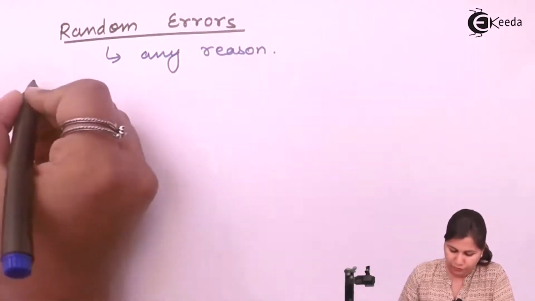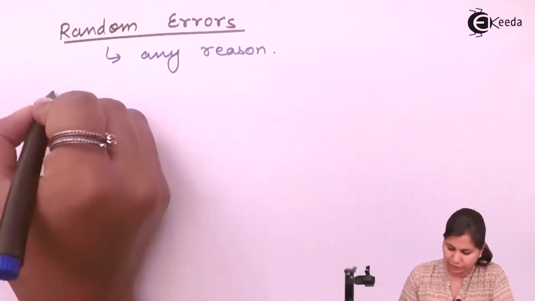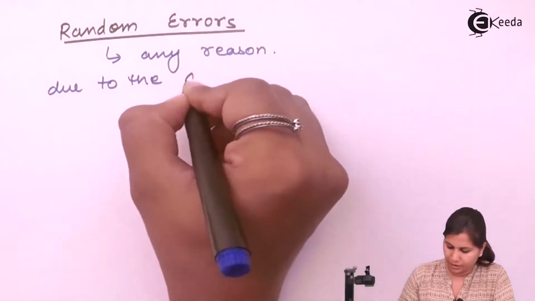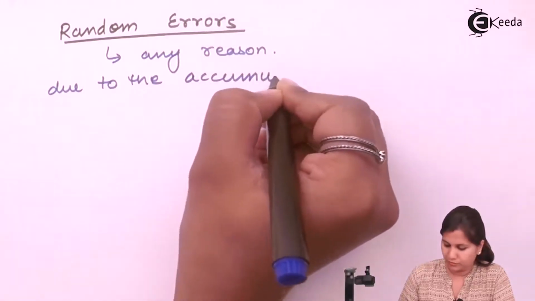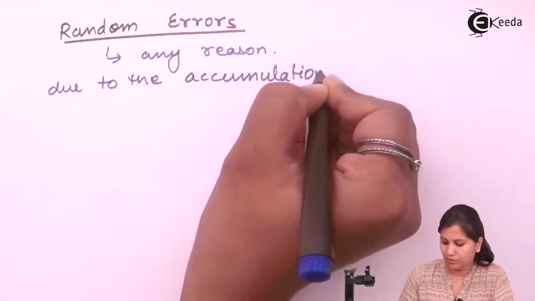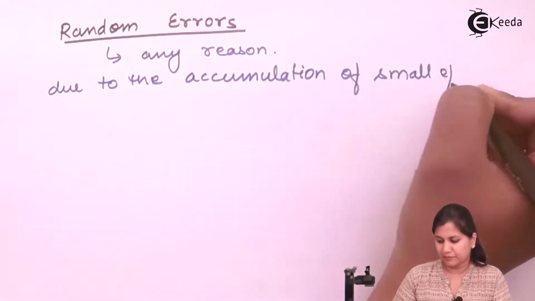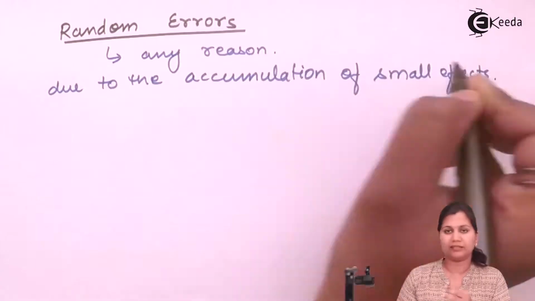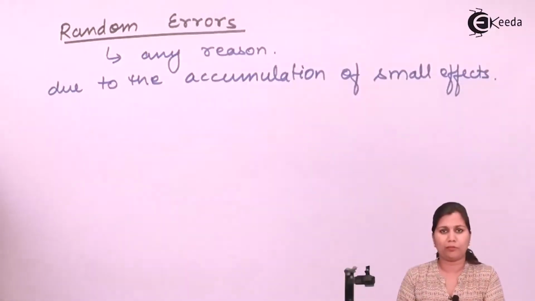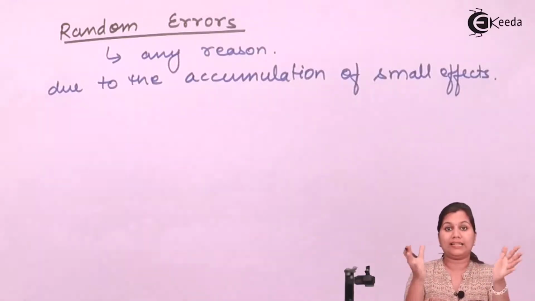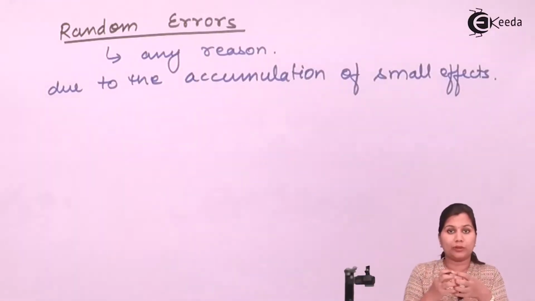They are generally due to the accumulation of small effects. Some very small problem is occurring in the instrument, but if such small problems occur simultaneously, then that is going to create a large error in the instrument.